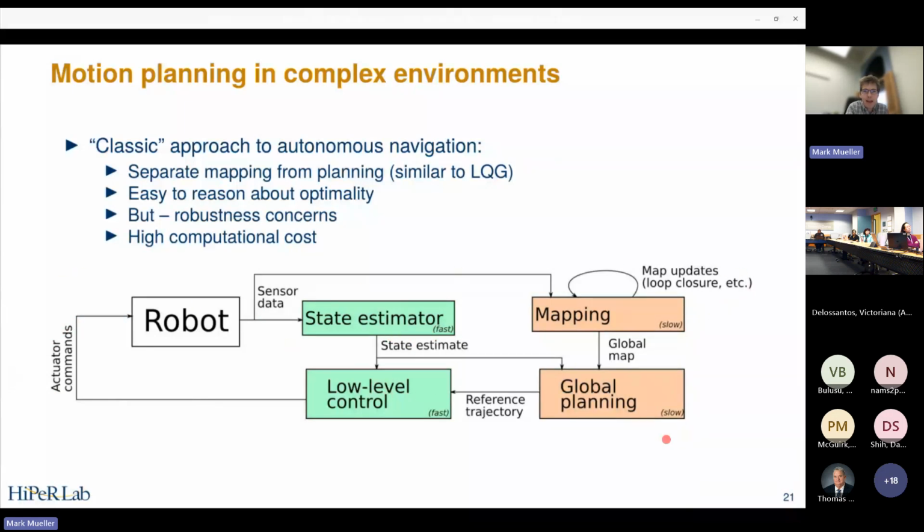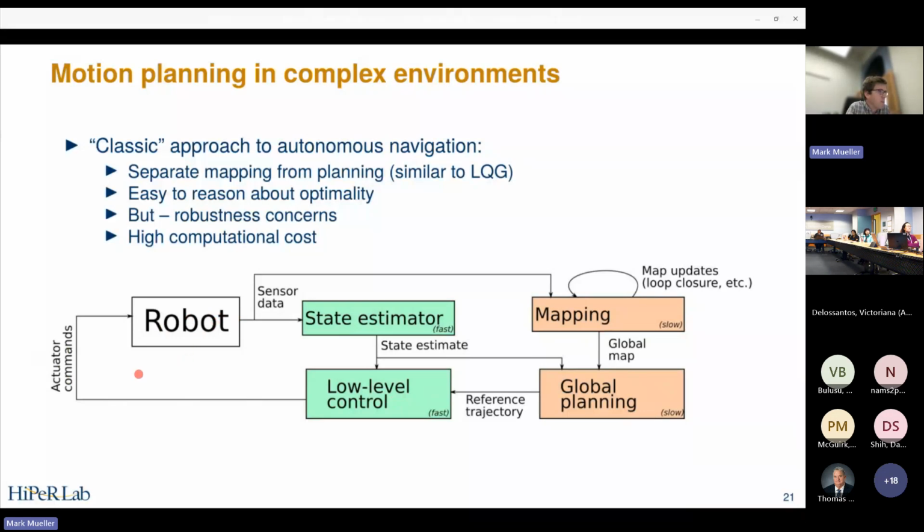And then you have an outer loop. The outer loop will do things like mapping, right? So it will consume camera or LiDAR data and build some map of the world. And then you have your global planner, which takes the map of the world and generates a reference trajectory inside this map. That then gets sent to the low-level control that then executes this, sends commands to the robot, etc.